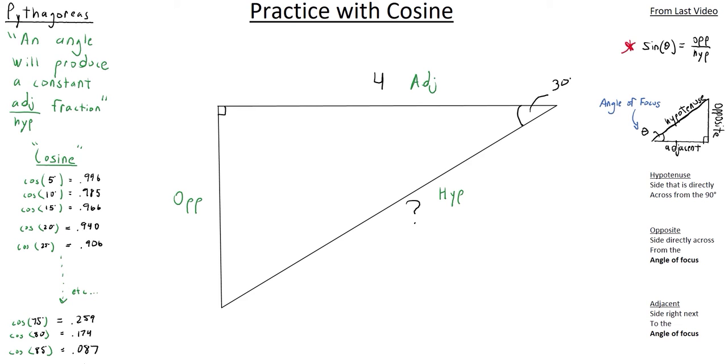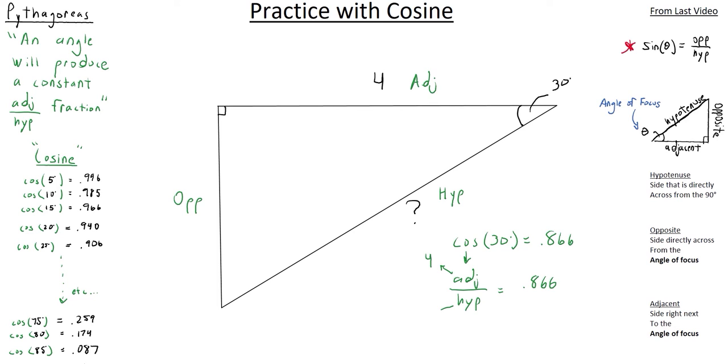So we can use cosine to solve this, because cosine just means adjacent over hypotenuse, and we know the adjacent. So I'm going to use the cosine of 30 degrees, which my calculator says is 0.866. And I know that all this new concept cosine means is the adjacent side divided by the hypotenuse side, which we know for a 30-degree angle will produce 0.866.